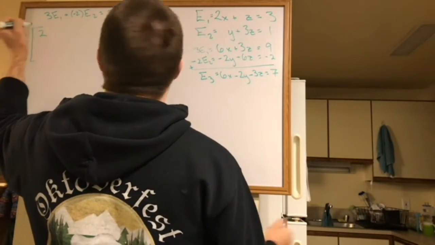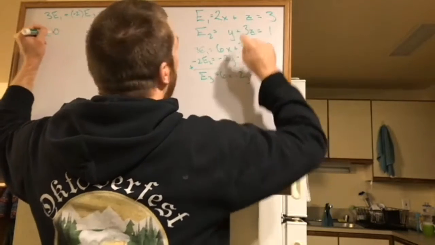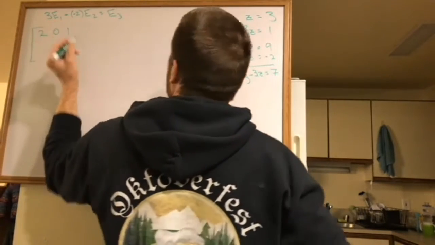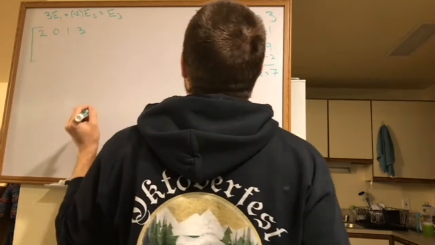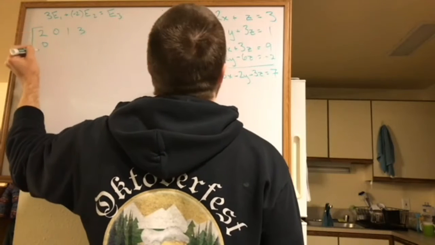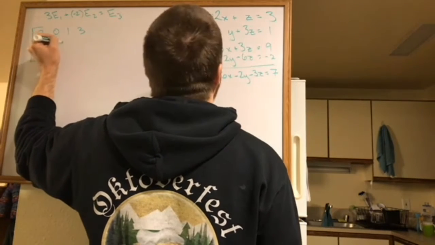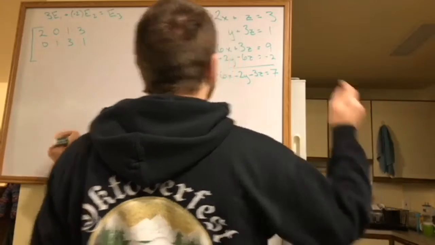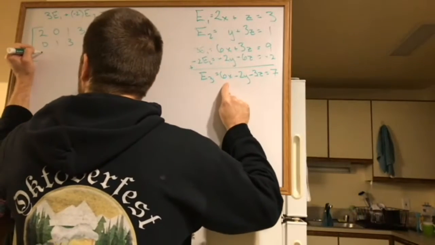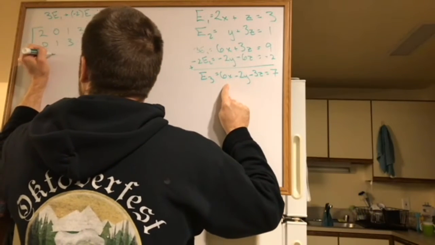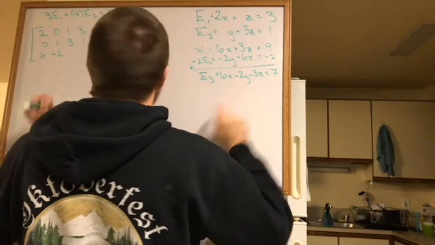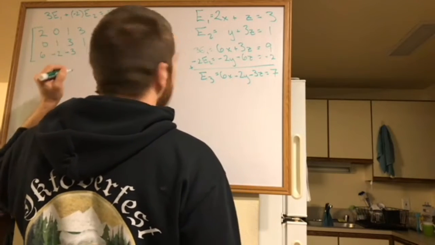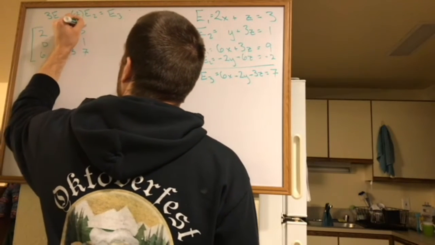So that's going to be 2 x's, 0 y's, 1 z, and a 3. E2 is 0 x's, 1 y, 3 z, and a 1. E3 is now 6 x's minus 2 y's minus 3 z's equals 7.